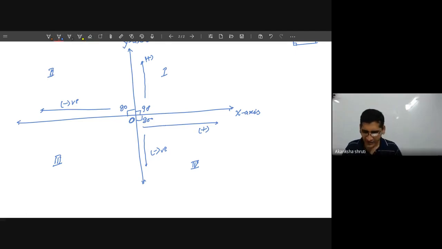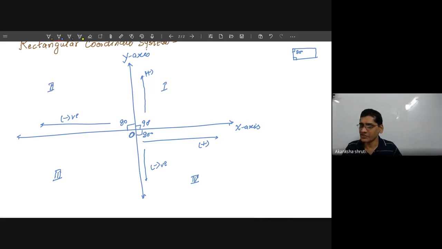So, student, these are the signs for when a point will be positive or negative.